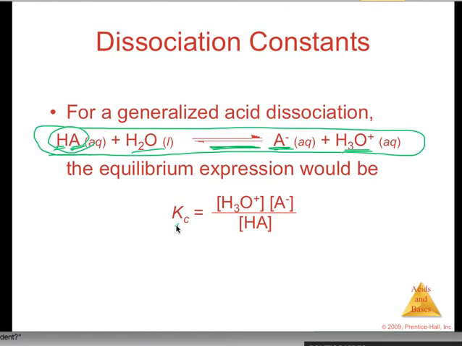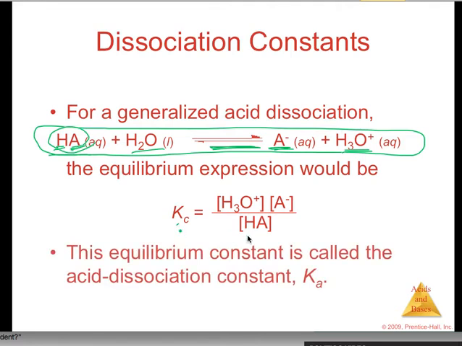The Kc, which is more typically written as Ka, is hydronium times the anion over the original concentration of the acid. That is the expression for the acid dissociation constant Ka.